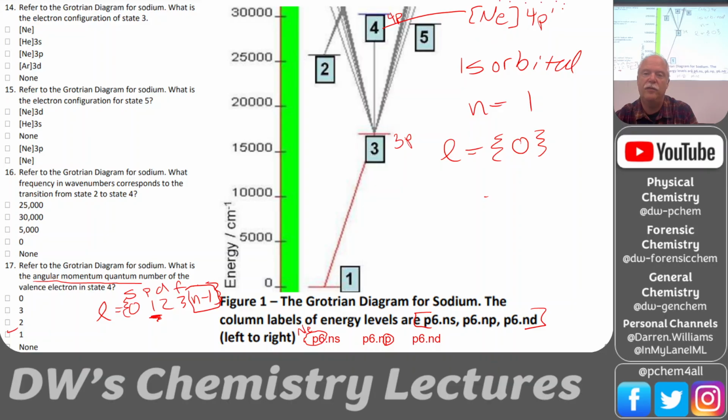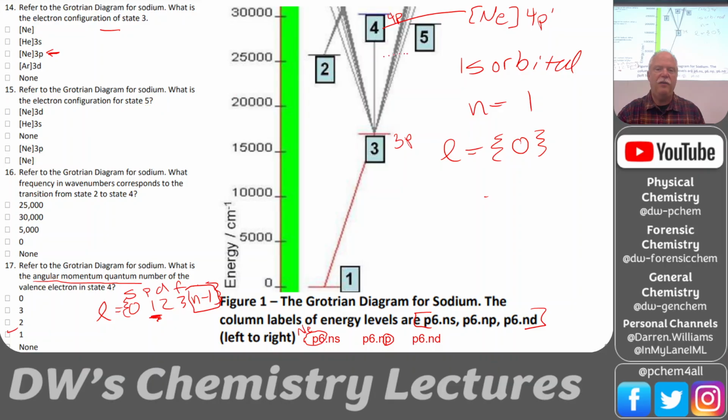Okay, so that's your electron configuration for that atom. It has all of those electrons in the neon core plus that extra electron in the 4p subshell. I have you do all of these different ones in this question. So state 3, that's the 3p one, that's this one right here.